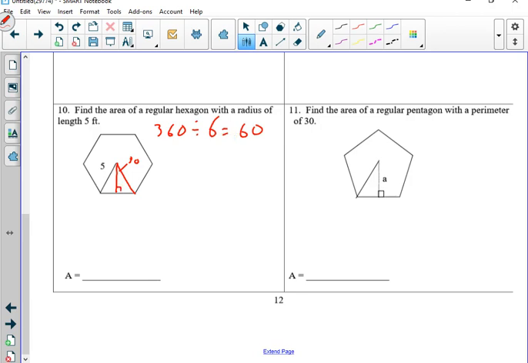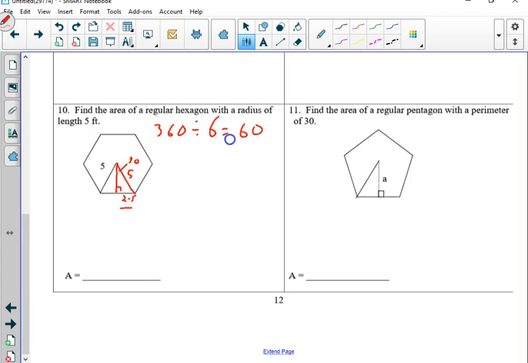That's 90. So if this is 5, that's the hypotenuse. Then the short side, which is down here, is going to be 5 divided by radical 3, which we must rationalize. Sorry, on the wrong side. The hypotenuse is twice the short side.